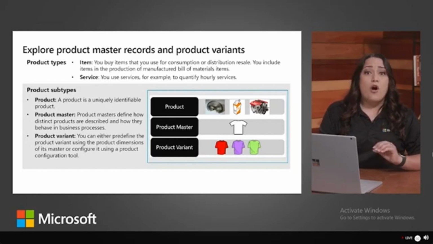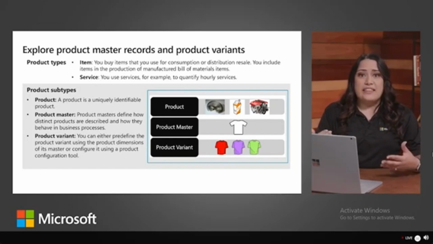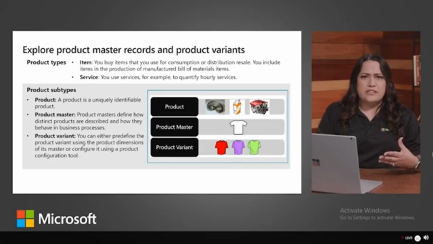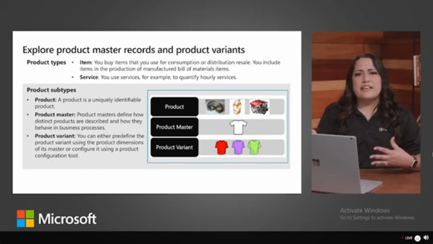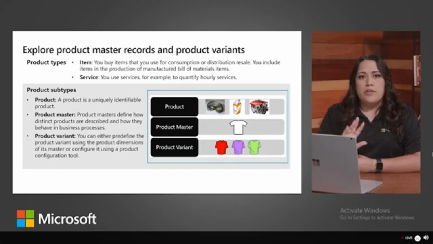And then we have our product. This is usually a service, it can be quantified like through an hourly service, or basically something that's there to support the process of manufacturing.